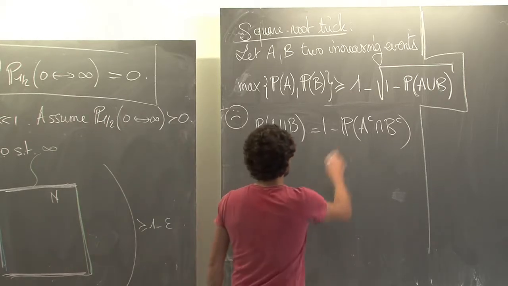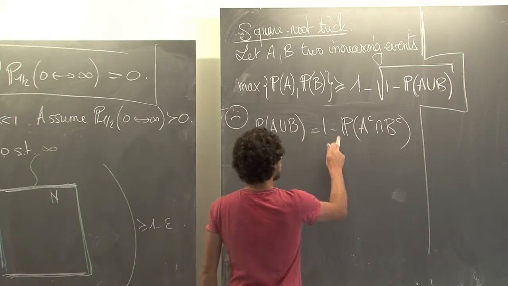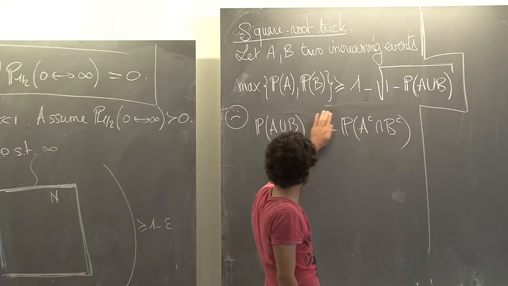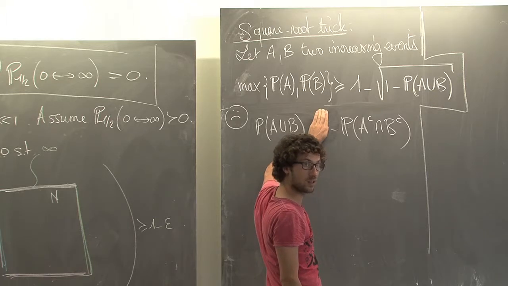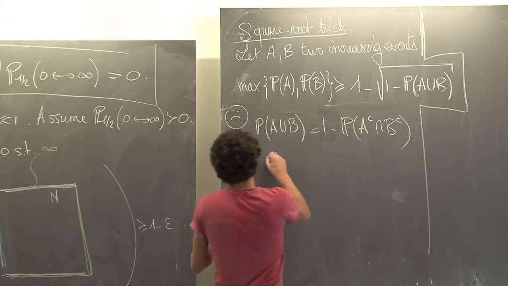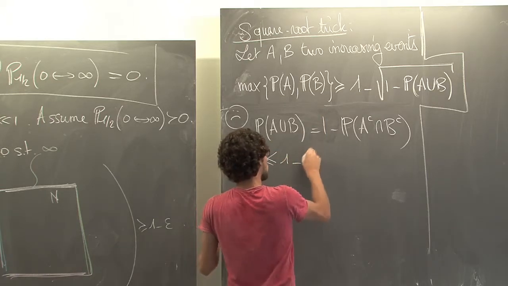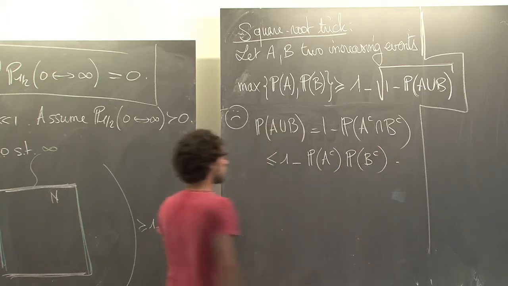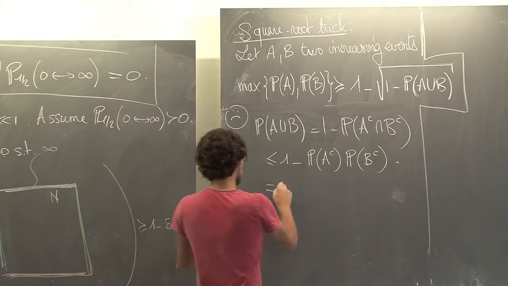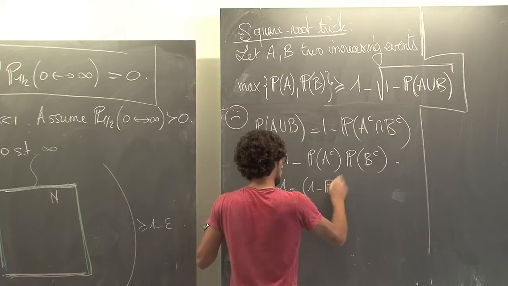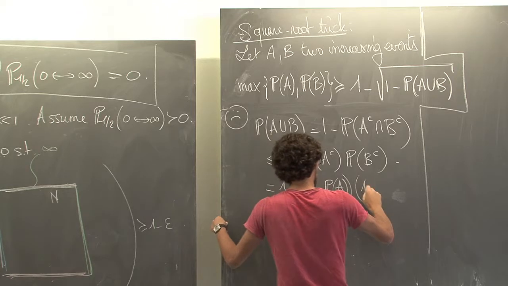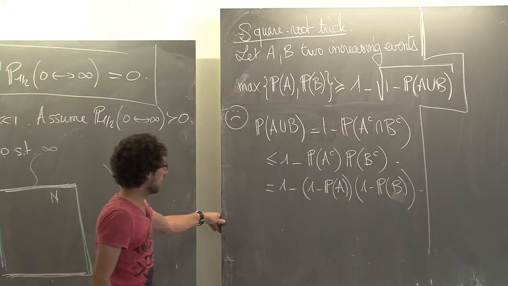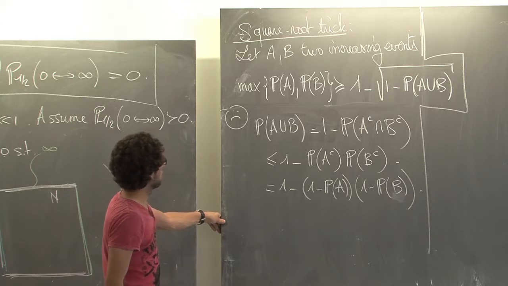So 1 minus this, by the FKG inequality, this is larger or equal to the product, so this is smaller or equal to 1 minus the probability of A complement times the probability of B complement. And this here is 1 minus the probability of A, times 1 minus the probability of B. And now, what do you do?